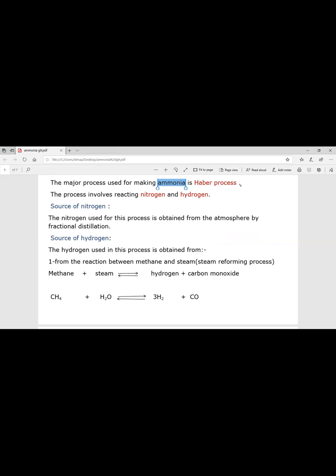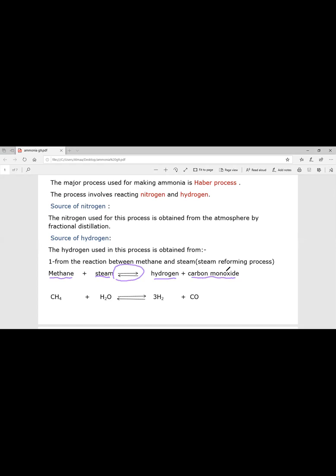The reaction here: methane reacts with steam. This is a reversible reaction. It produces hydrogen and carbon monoxide.